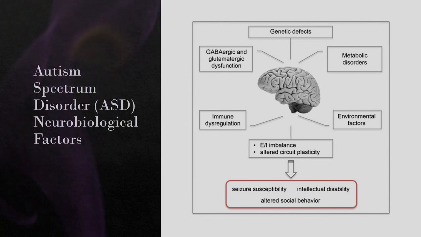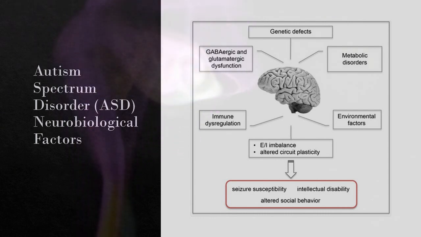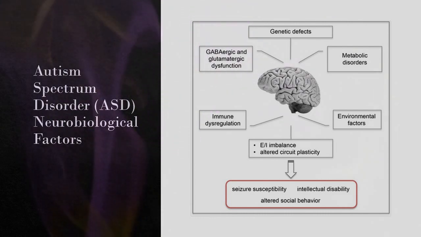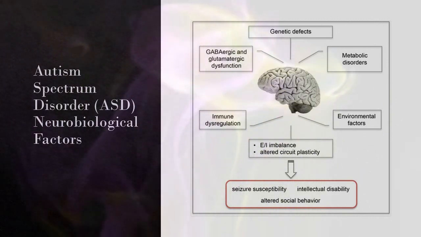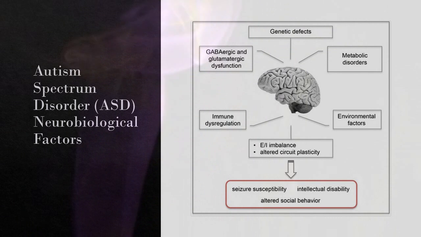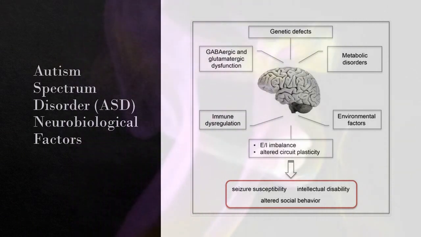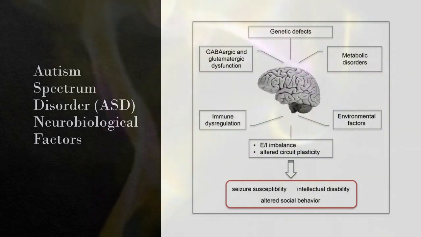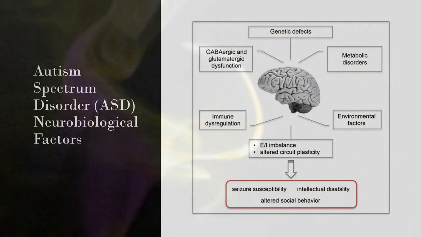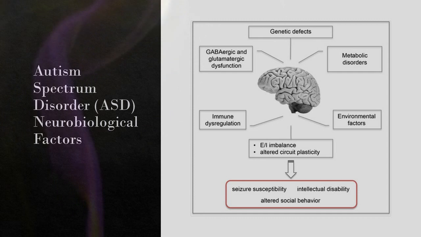Now, back in 2015, there was a paper published that I think really significantly advanced our understanding of the genetic and neurobiological underpinnings of autism spectrum disorder. One of the things that it did was really highlight that interplay between the genetic vulnerabilities and the neurodevelopmental processes that contribute to this whole complex nature of autism spectrum disorder.